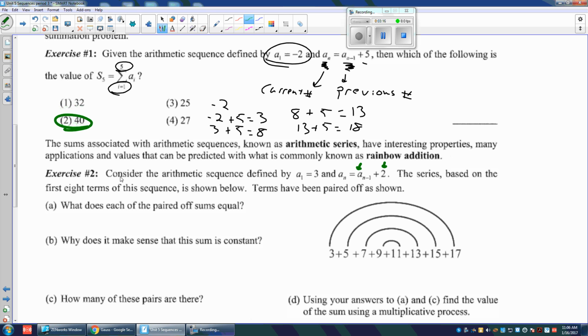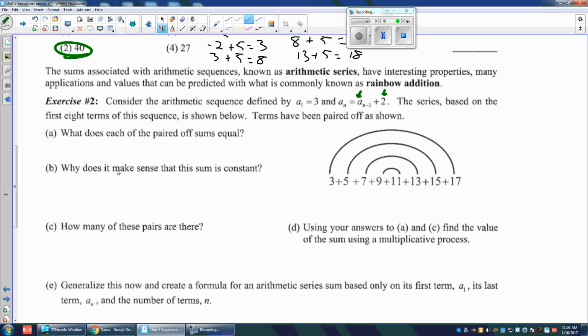Okay, so they wrote down the terms, and what is the sum of each pair? So what is 3 plus 17? 20. What is 5 plus 15? 20. What is 7 plus 13? 20. What is 9 plus 11? 20.